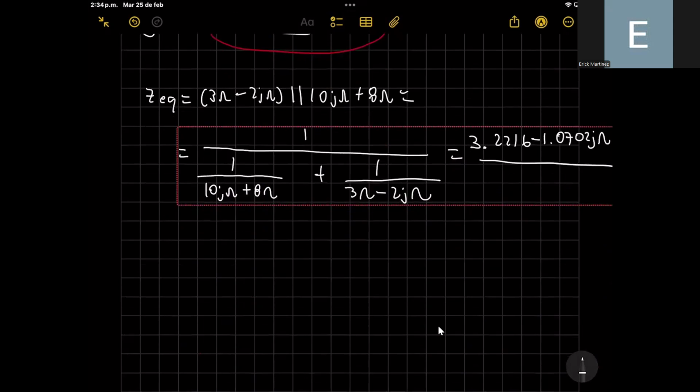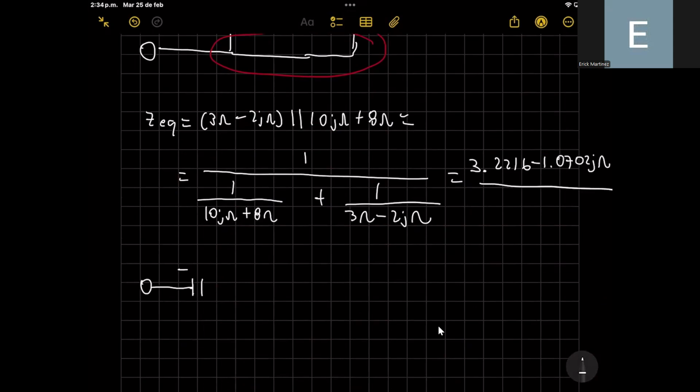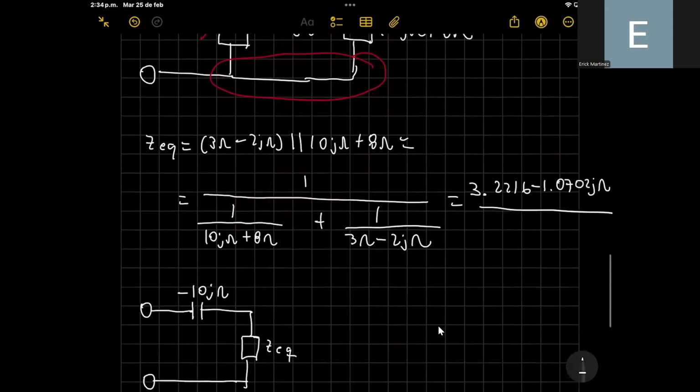Now I can redraw the circuit again. Okay. Here we have the capacitor that has an impedance of minus 10 J ohms. And here we have the equivalent impedance. Okay. And this equivalent impedance is the result of simplifying these two impedances that are in parallel.